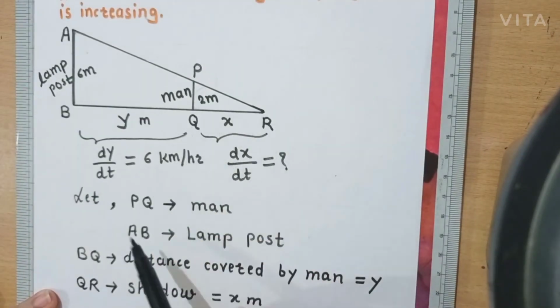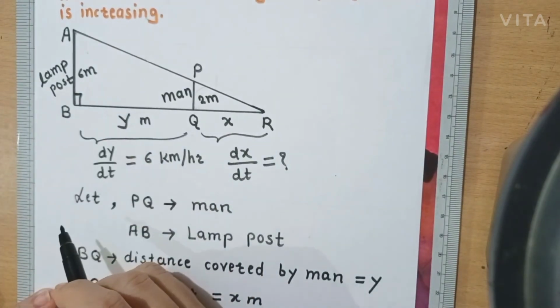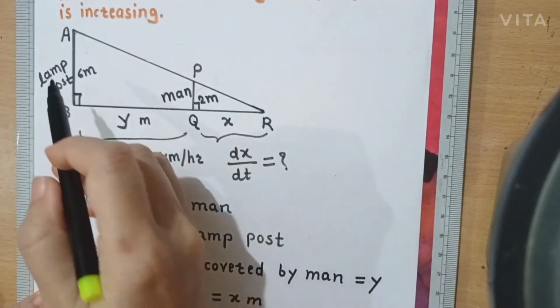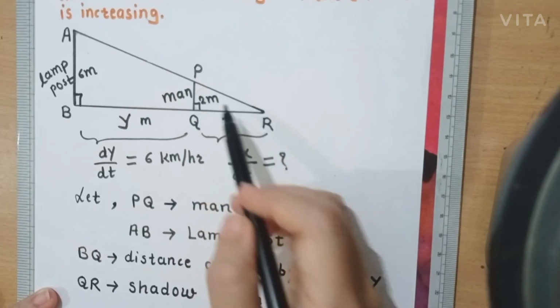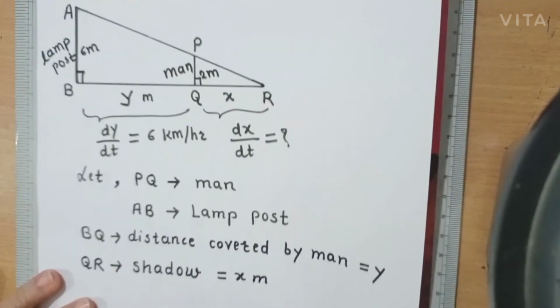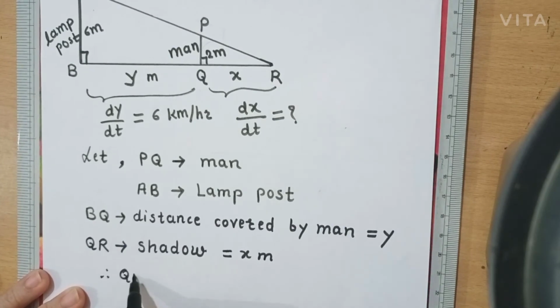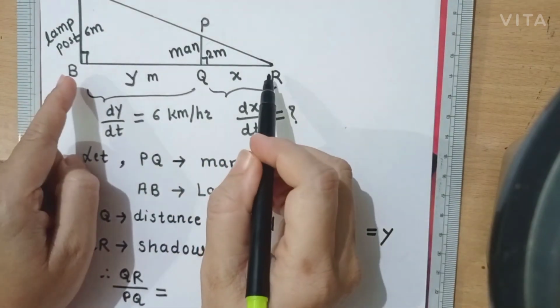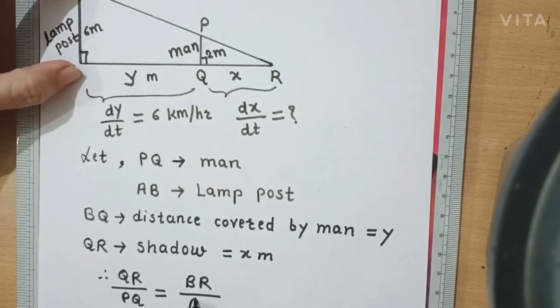Now whatever we have assumed, I have written here. Now here lamp post is perpendicular to ground and this is also perpendicular. So triangle ABR is similar to triangle PQR, the smaller triangle. So their sides must be in proportion. So I am writing first one, base upon height, therefore QR upon PQ is exactly equal to, now base of bigger triangle is BR, so BR upon height is this AB.